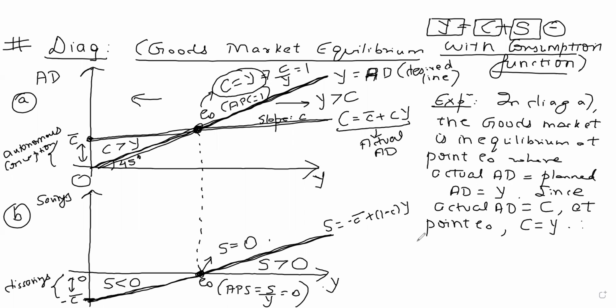Therefore, at the point E0, savings is equal to 0.